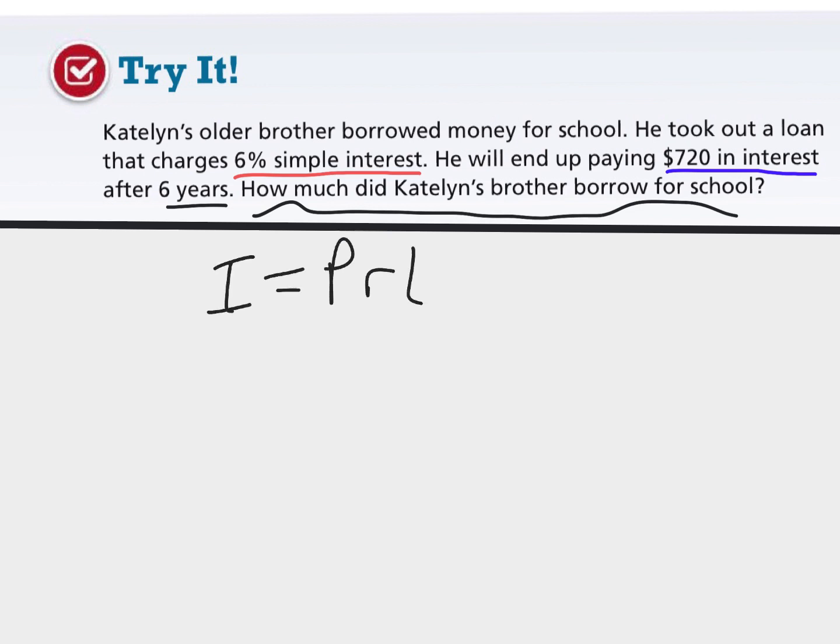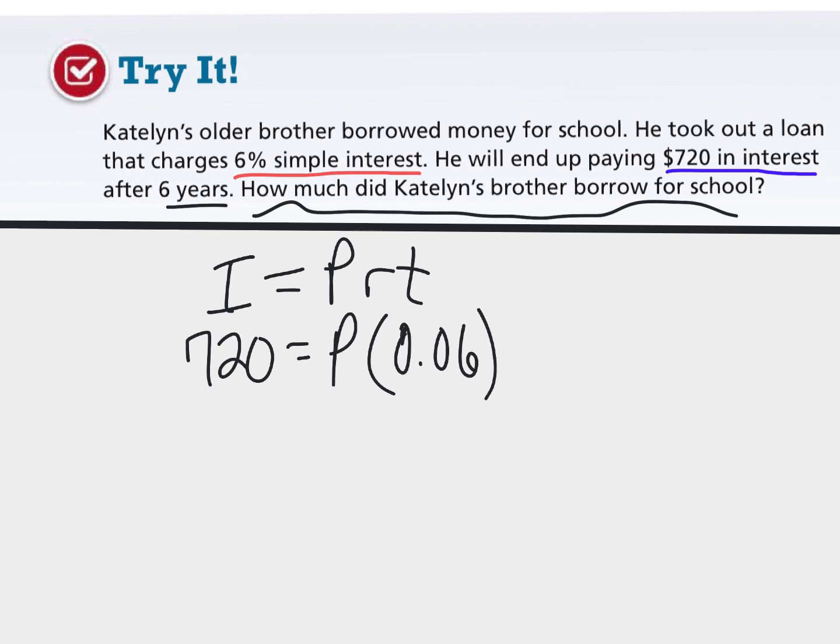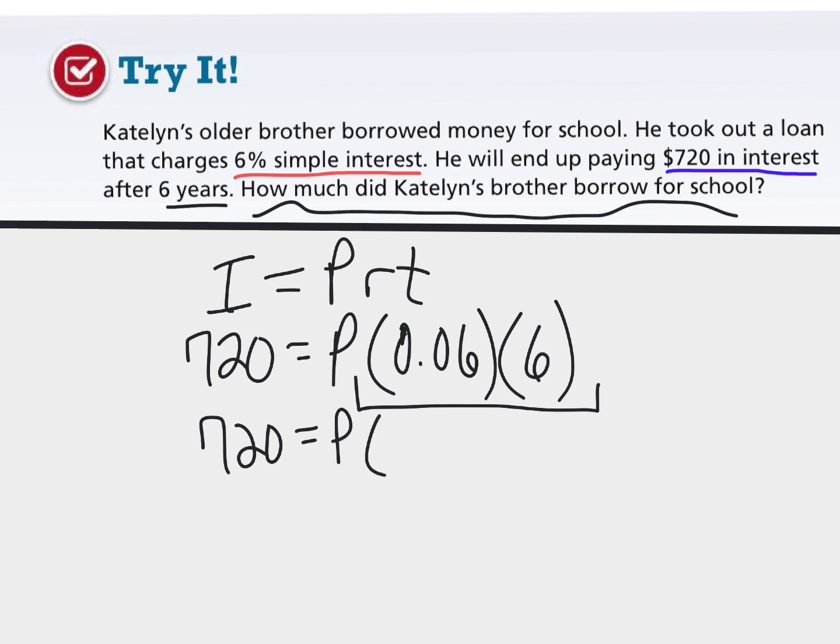We're going to start with our formula. $720 interest. We don't know what the principal is. 6% as a decimal, just move your decimal over 2 spots to the left, would be 6 hundredths. And the time is 6 years. So to solve this, let's simplify over on the right side.